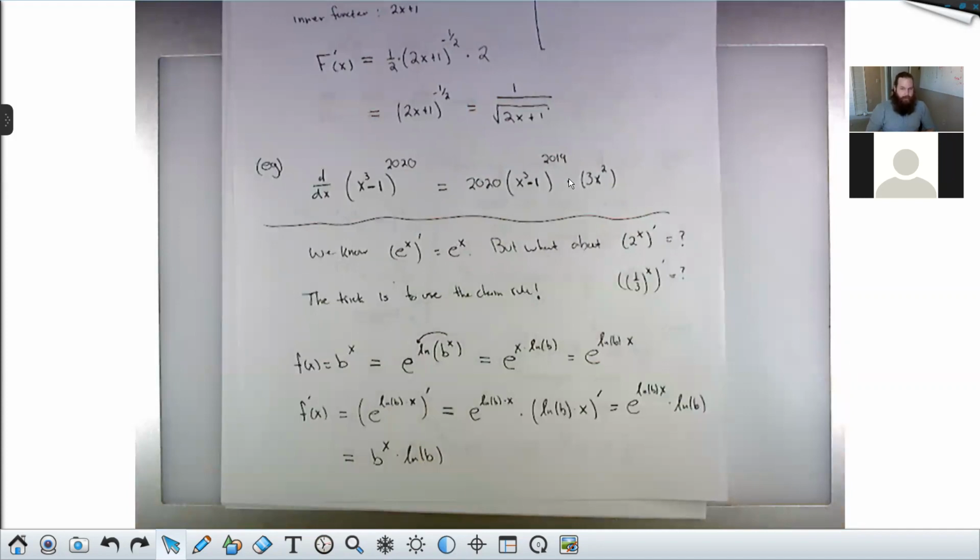And this is a big deal. So we can now differentiate any base exponential. And I want to give you two differentiation formulae. They're consequences of the chain rule, but they're worth remembering on their own.